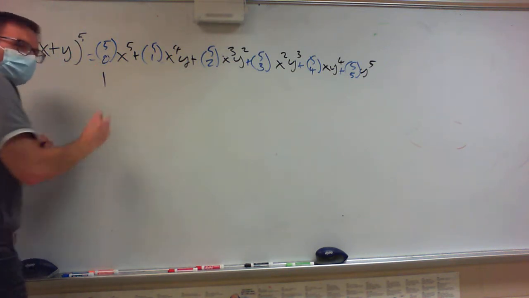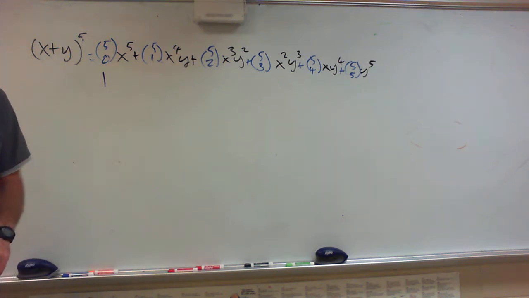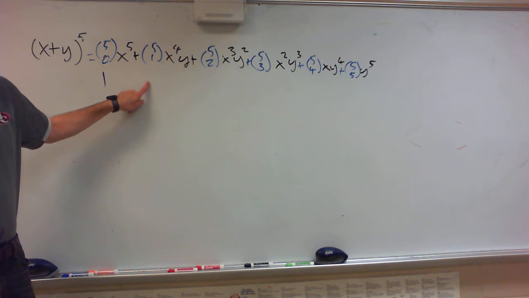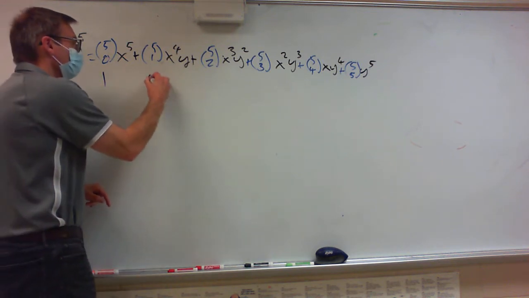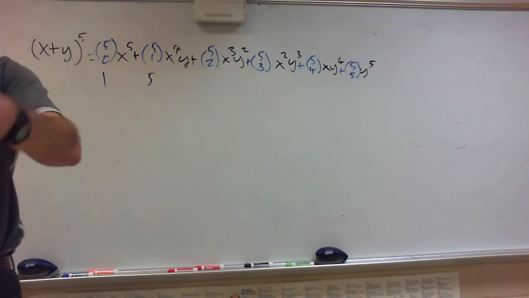Well, I already know this is 1, because if you have a group of 5 people, there's only one way to choose none of them. And guess what? This one's got to be 5, because if you have 5 people, how many ways can you choose 1? There's 5 different people, so you can choose 5.